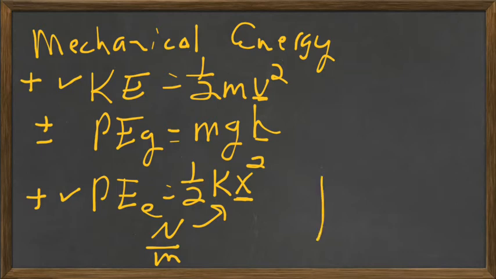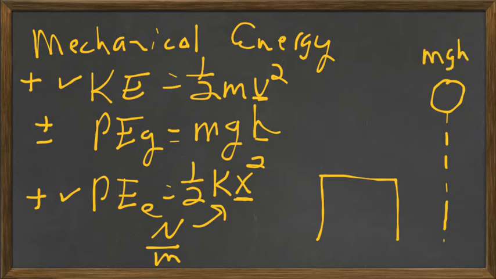So I could have a little desk over here, and again I'm holding that ball. Well, with respect to the floor, my height would be that value, and my ball would have a certain potential energy, with height being the distance from ball to floor. However, if I just scooted the ball over, what's his gravitational potential energy relative to the table?